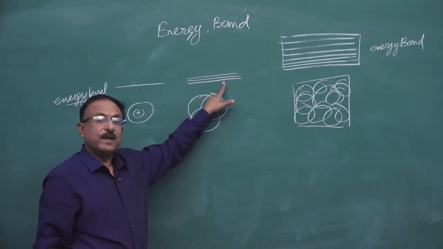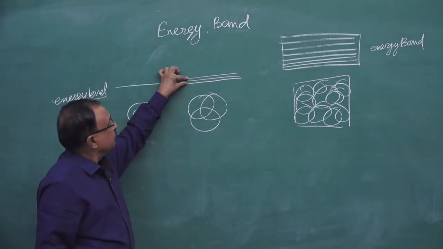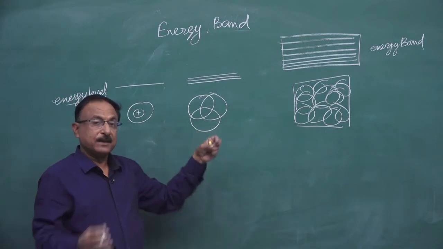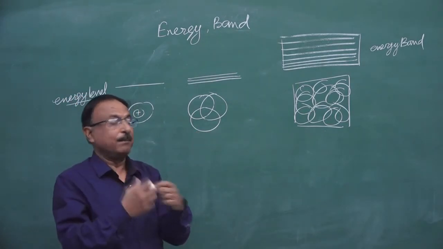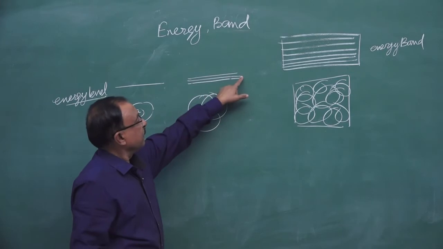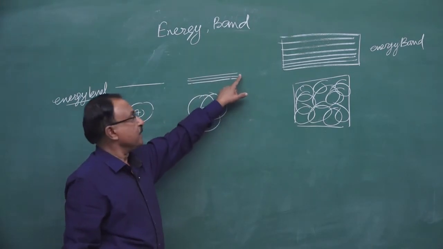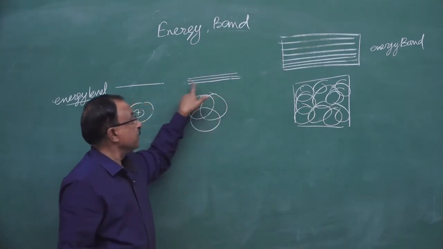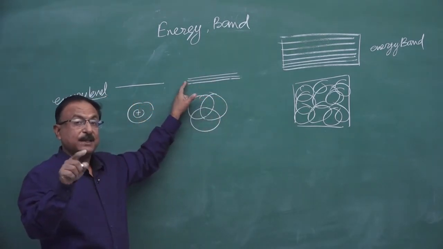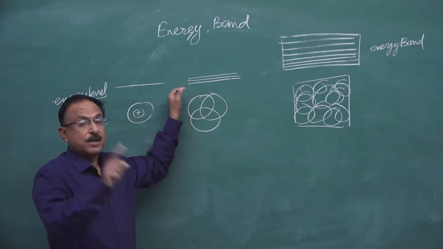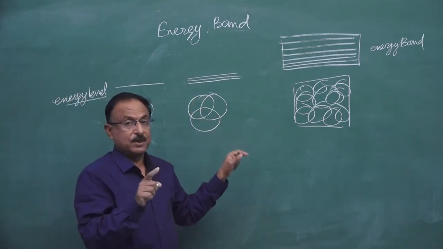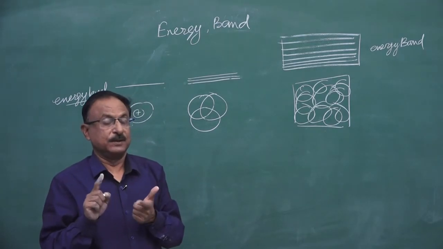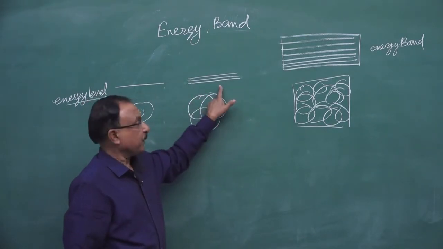The energy of the overlapped orbital, we represent by 3 closely packed lines. All 3 have almost the same energy, but we still don't represent them by a single line, because by the Pauli exclusion principle, they are not permitted to have the same value of energy, the same quantum state, right?